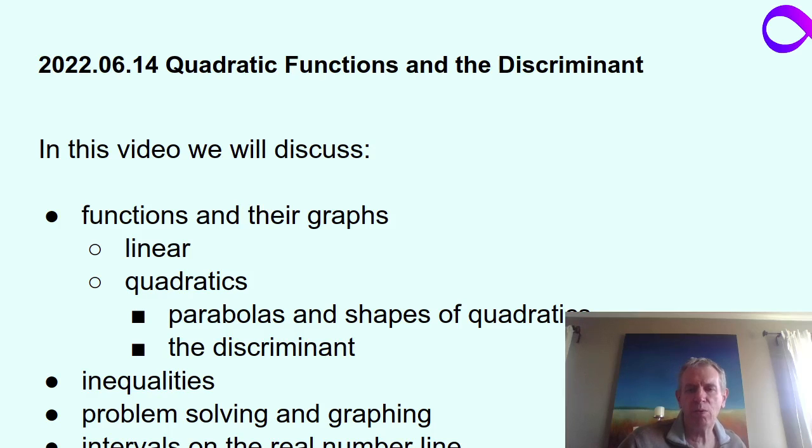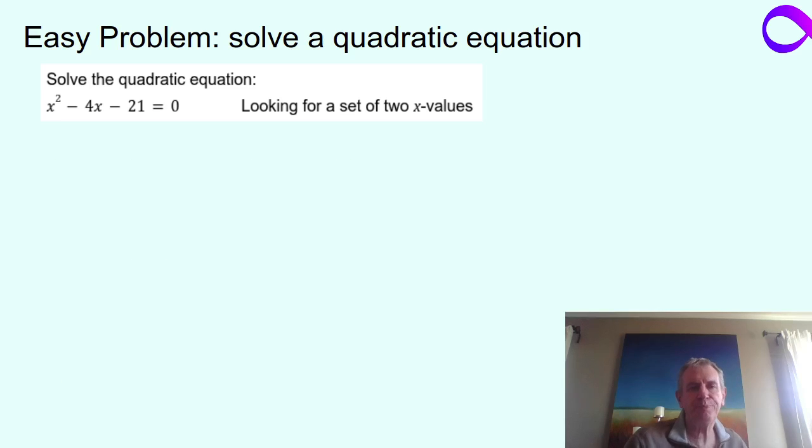The shape of a quadratic function is a parabola, and we can use the discriminant b squared minus 4ac to learn a lot about a quadratic function. We're going to talk a little bit about inequalities and problem solving and how to write solutions that are intervals on the real number line.